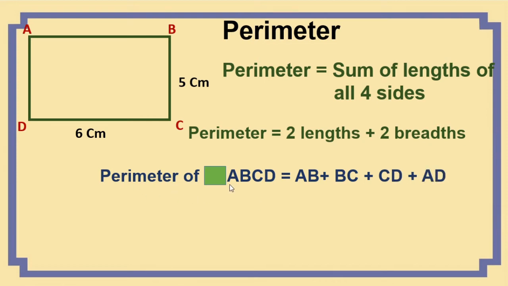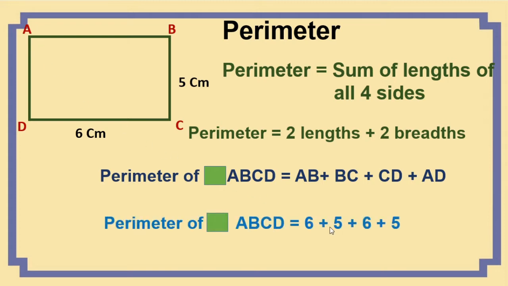See here, perimeter of rectangle ABCD is equal to AB plus BC plus CD plus DA. See here, AB is 6 centimeter, BC 5 centimeter, CD 6 centimeter and DA is 5 centimeter. Here we have substituted the values of these lengths, isn't it?